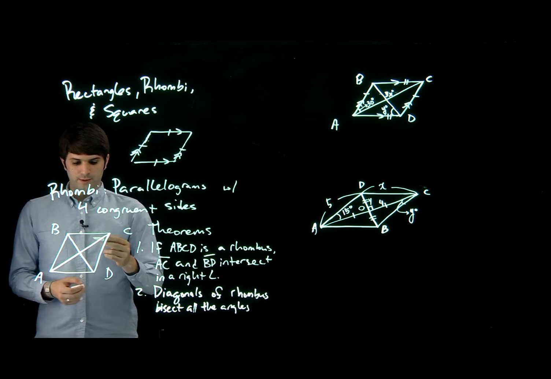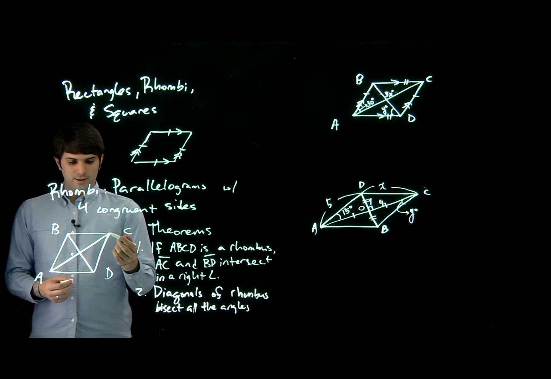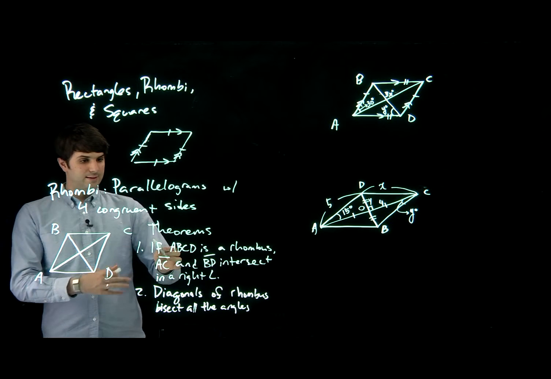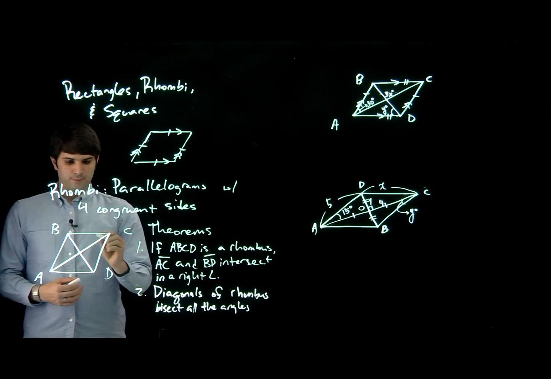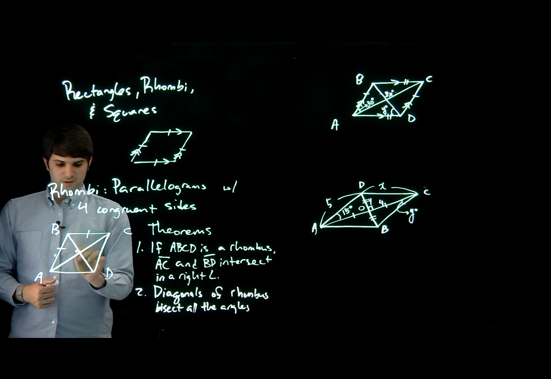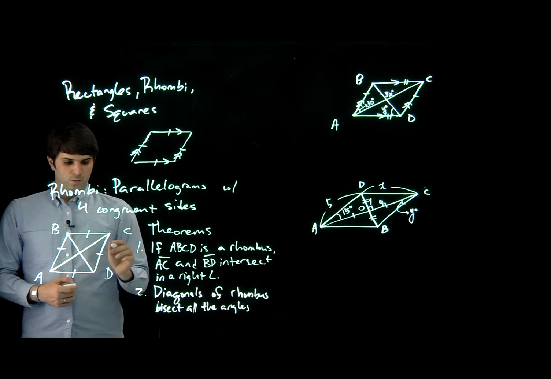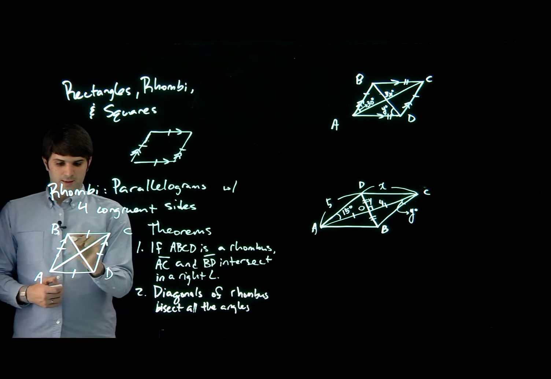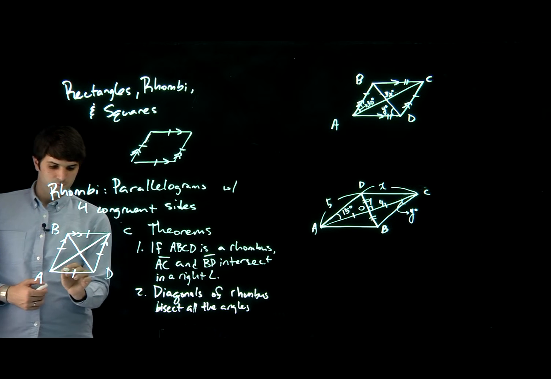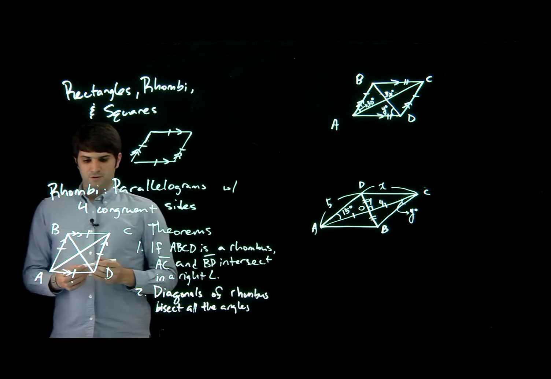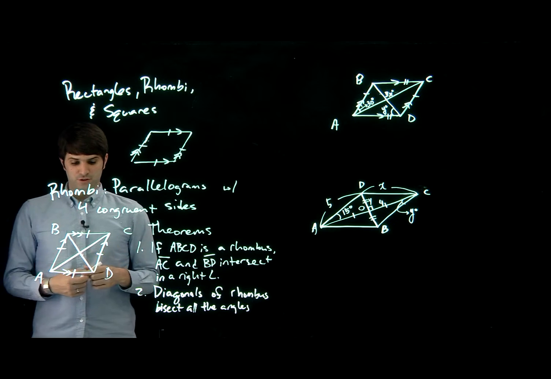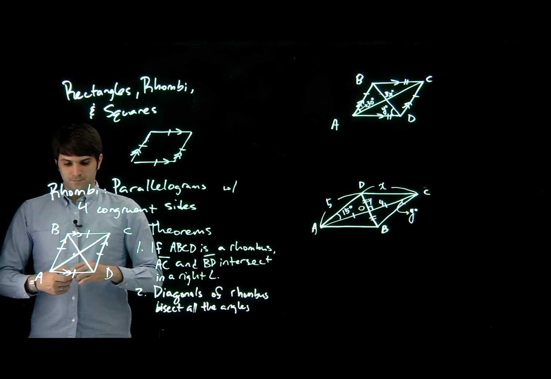The given is that ABCD is a rhombus, so a rhombus implies that all these sides are the same. We also know that a rhombus is a parallelogram, so we know that this is true.